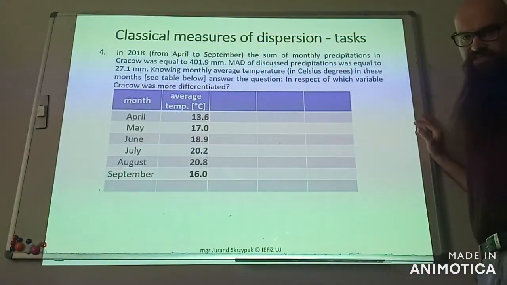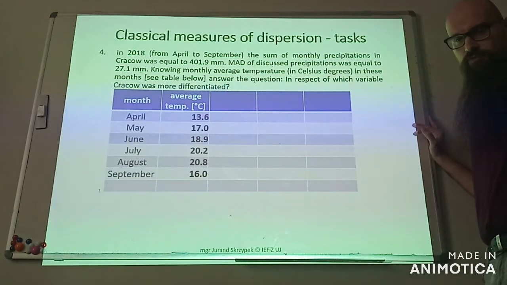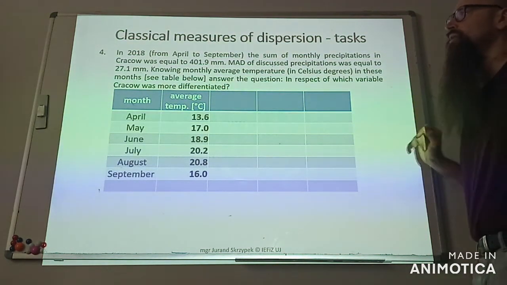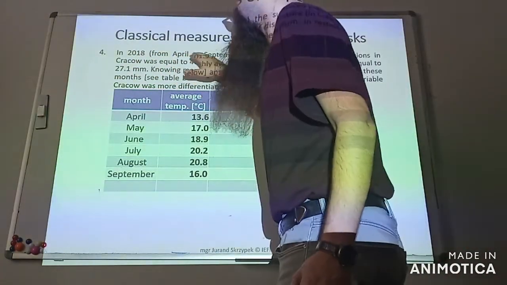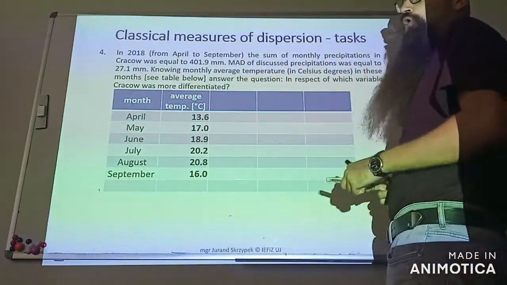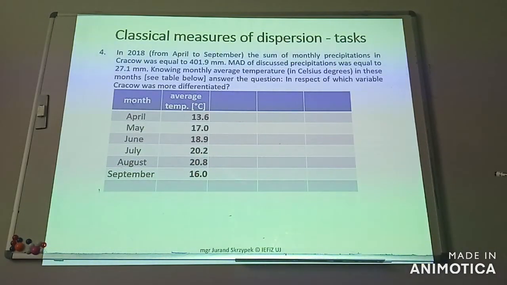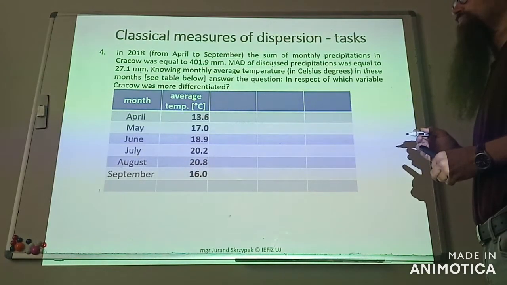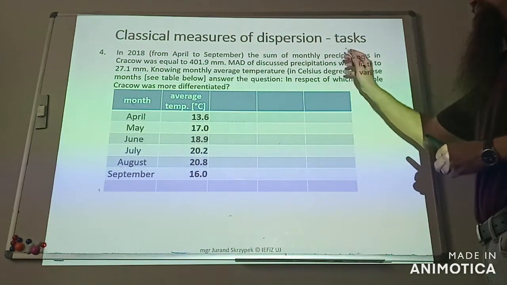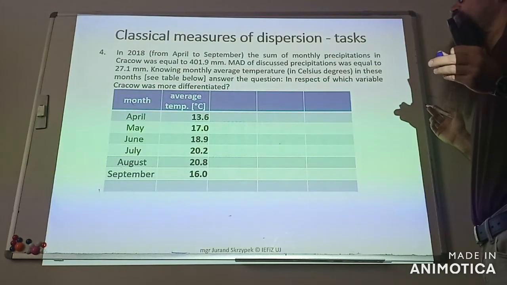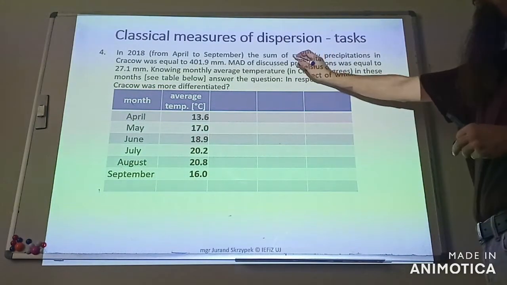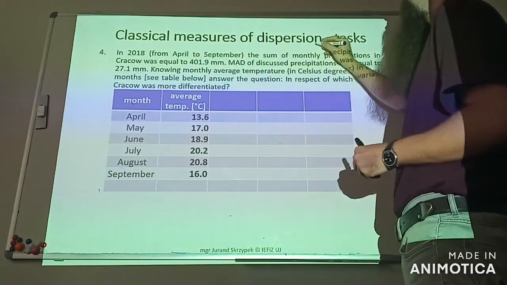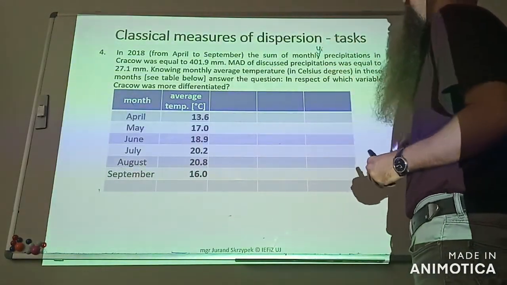This slide presents the first task, which is connected with the topic mean absolute deviation, task 4. In 2018, from April to September, the sum of monthly precipitations in Krakow was equal to 401.9 millimeters. So here we are talking about the variable called monthly precipitations. We can name this variable using the symbol, for example, yi.